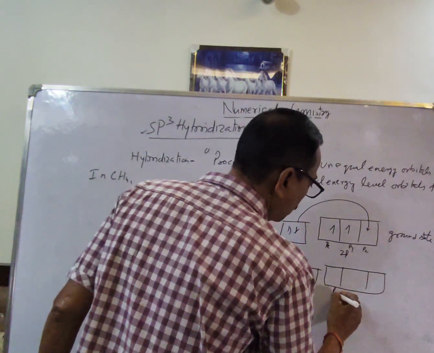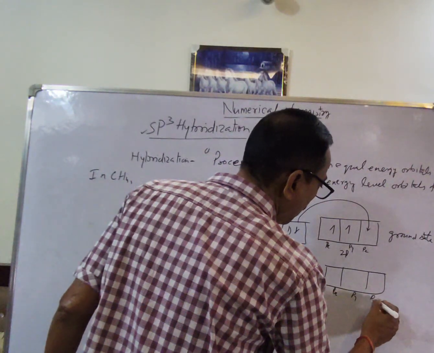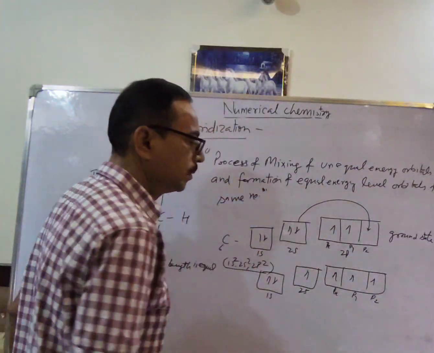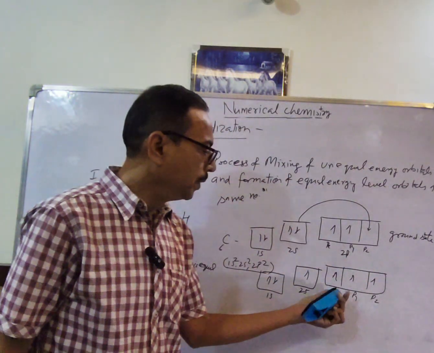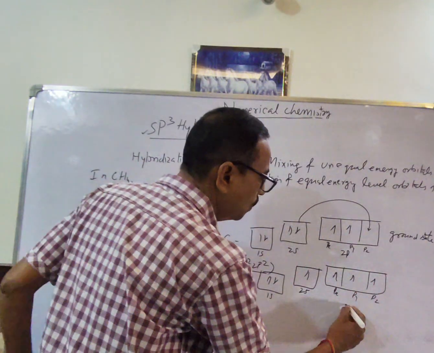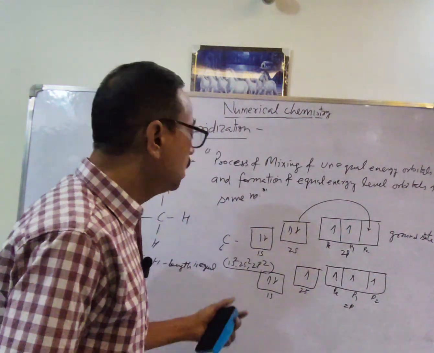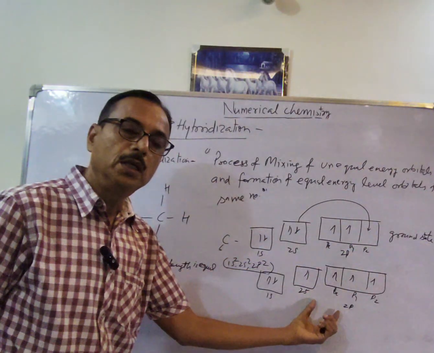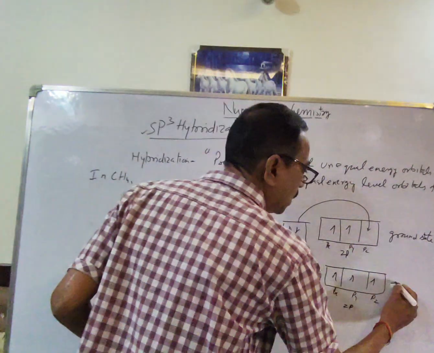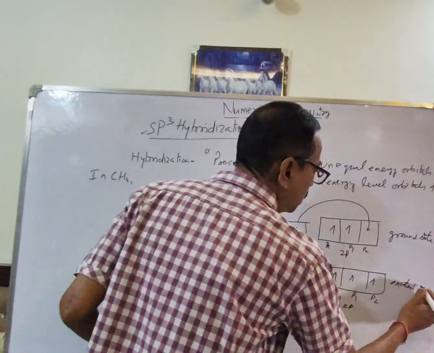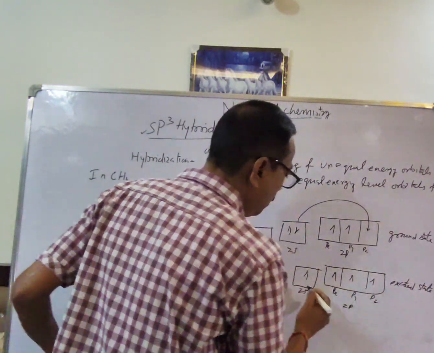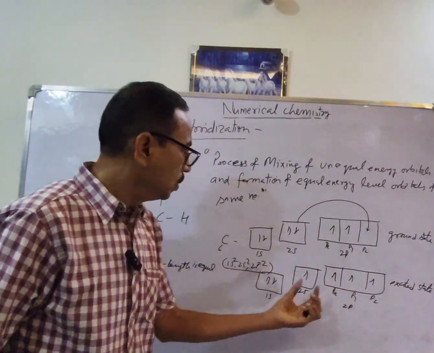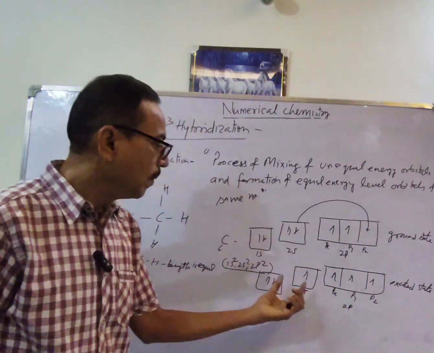These 4 single electrons will form the bonds: 2s single, px, py, pz, which is part of 2p. So it is assumed that before bond formation, the ground state is converted into the excited state. Excited state means one electron moves from 2s to pz. Now there are 4 single electrons, so carbon now shows 4 valency.